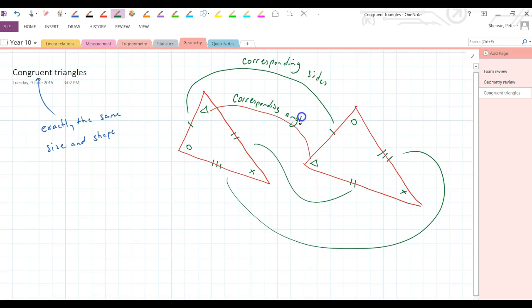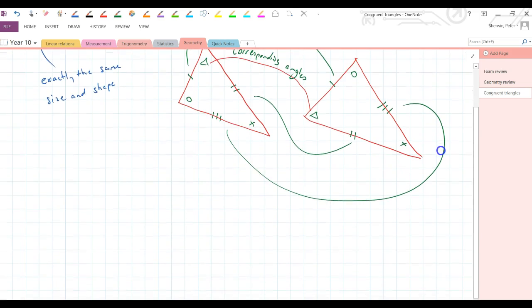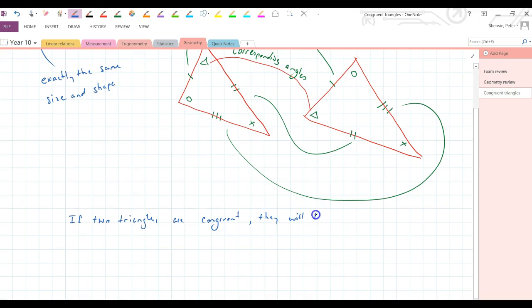angles. Okay, so if we know that two triangles are congruent, then what we can say is that they've got three pairs of equal sides and three pairs of equal angles. I'll try and write a little bit neater today. If two triangles are congruent, they will have three pairs of equal sides.